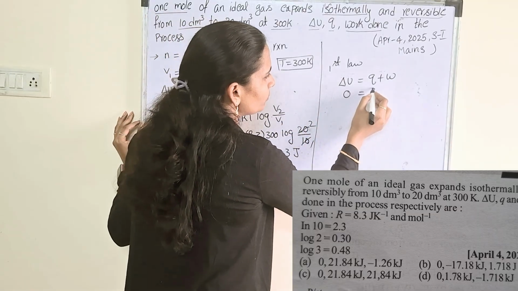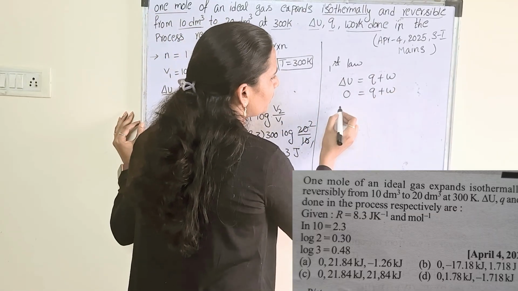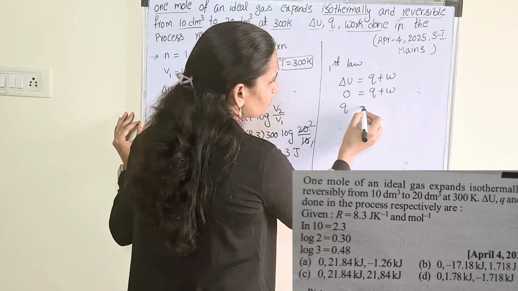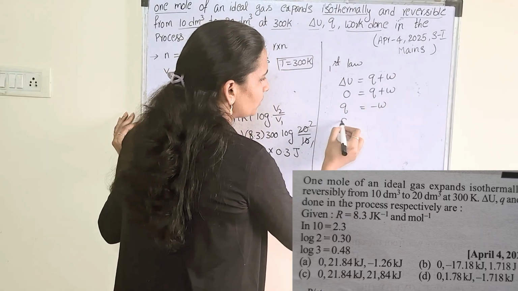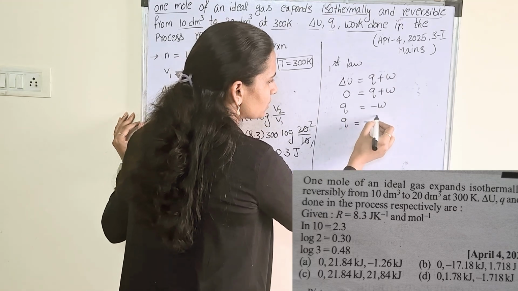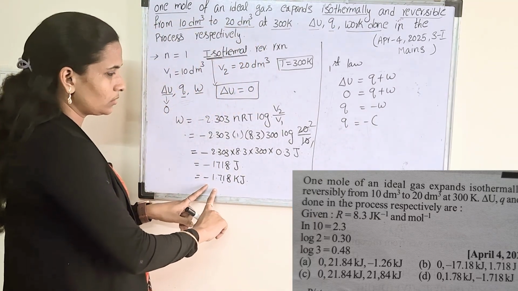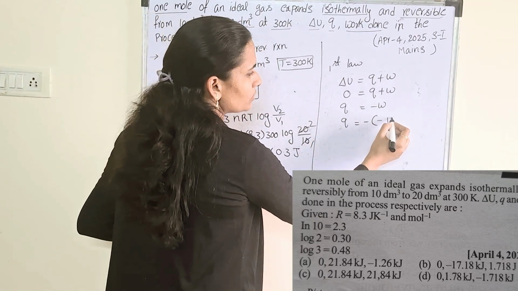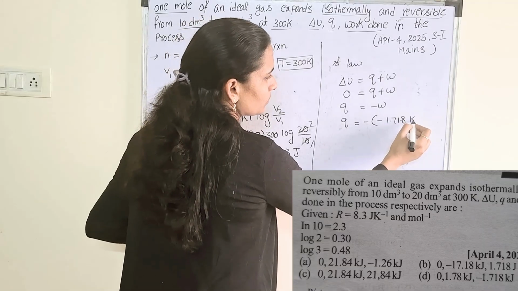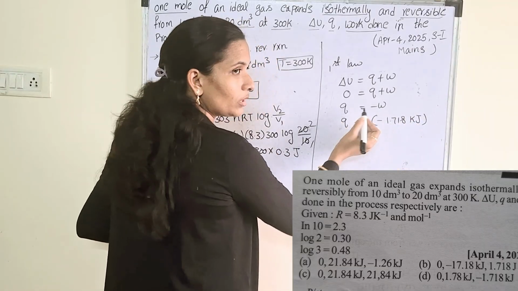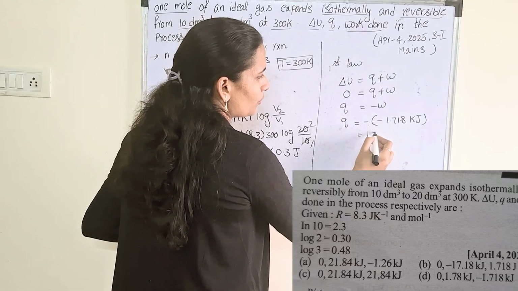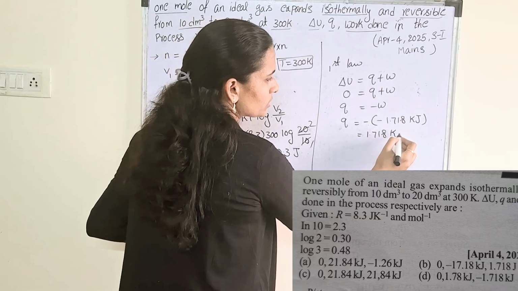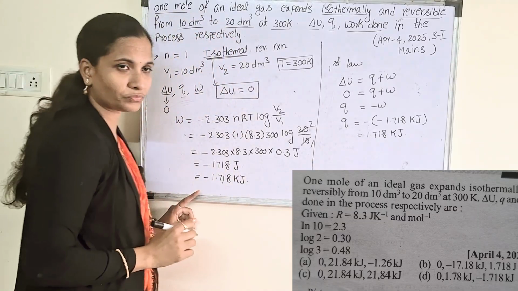So 0 equal to Q plus W, then Q equal to minus W. The W value we got is minus 1.718 kilojoules, so minus into minus is plus, then Q is 1.718 kilojoules.